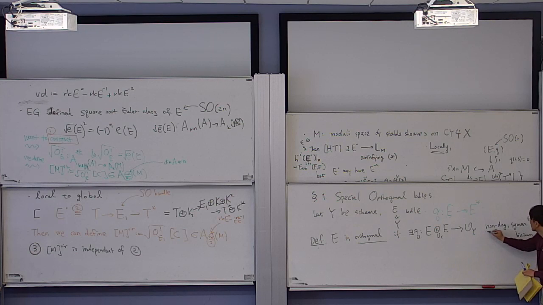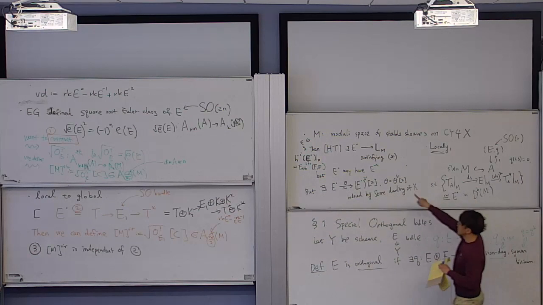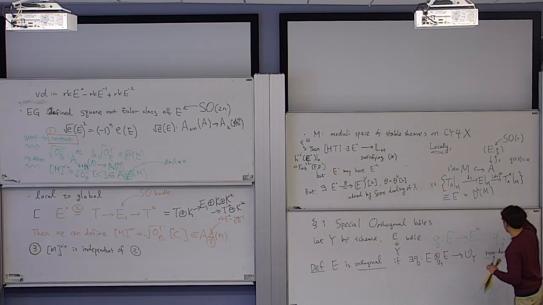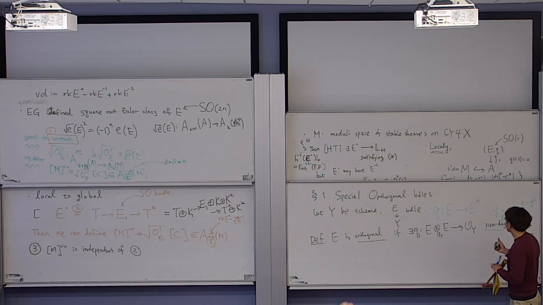The non-degenerate condition says Q is an isomorphism, and the symmetric condition says Q is Q dual. So now this condition looks very much like this duality condition. Before, you were writing the E with a minus 1.